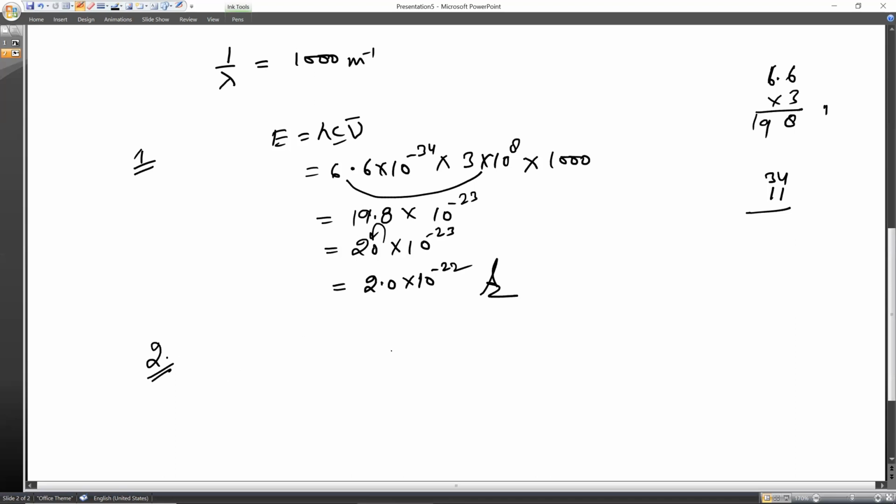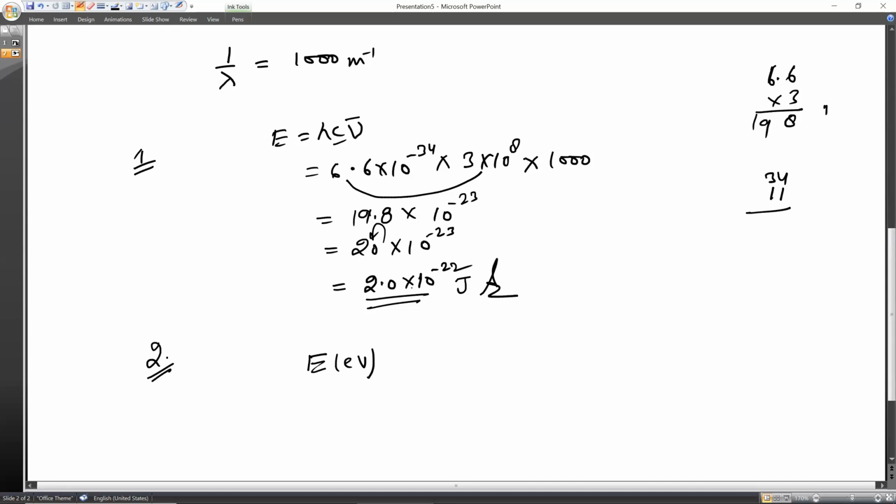Now you have to tell me the energy in electron volts. You know that if this energy is in joules and you need to convert it into electron volts. What do you mean by electron volt?